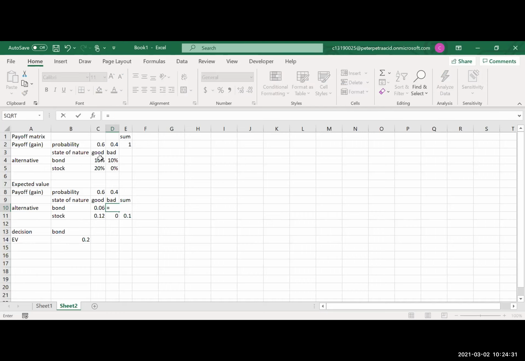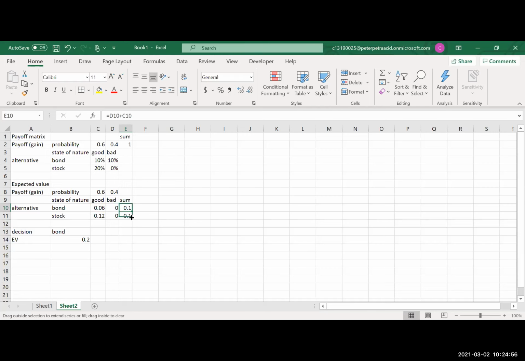Because it's 100%. The bond decision is 10% for that bond, multiplied by 0.5. In that case, the sum is just the sum because you already multiplied by probability.